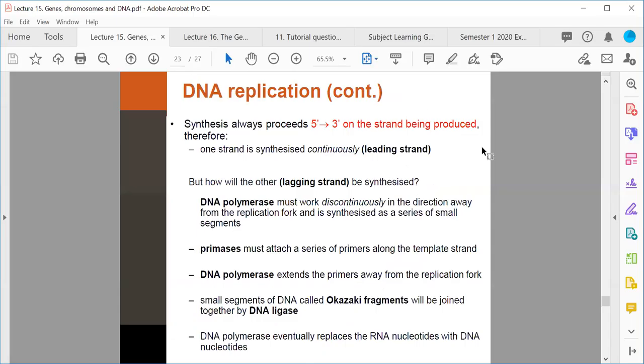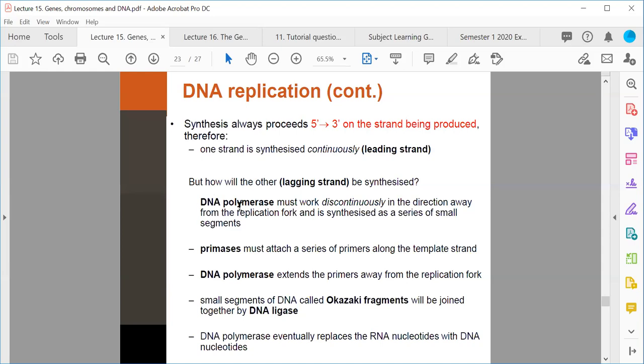All right, I made that unnecessarily complicated. It's really quite straightforward. So let's recap. On that original strand of DNA, the complementary strand that was being synthesized is synthesized continuously without any interruption. But the other strand, called the lagging strand, is a little bit different.